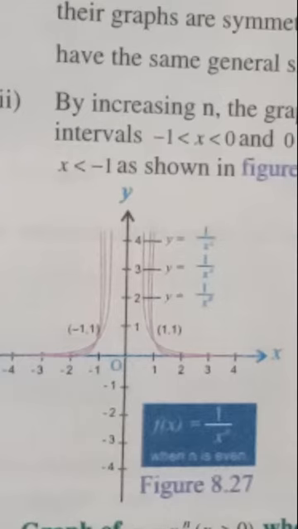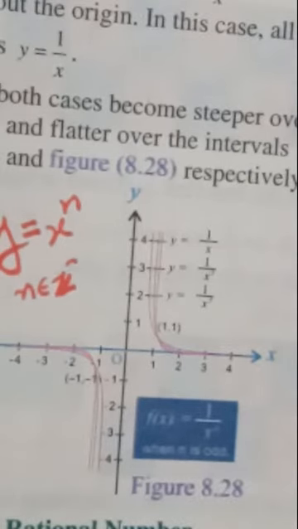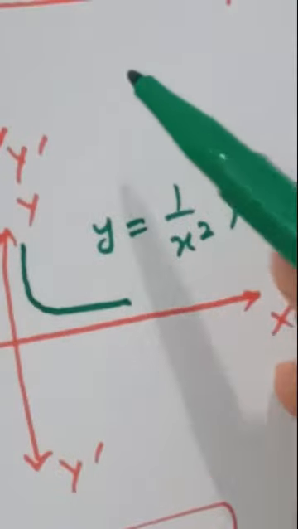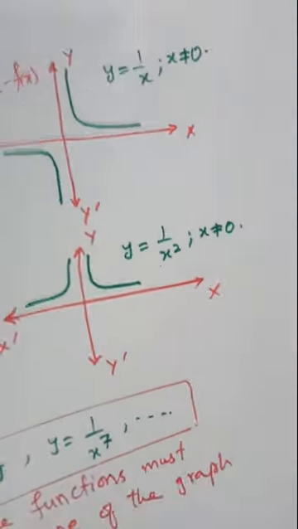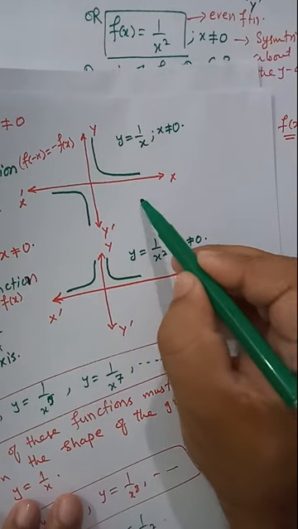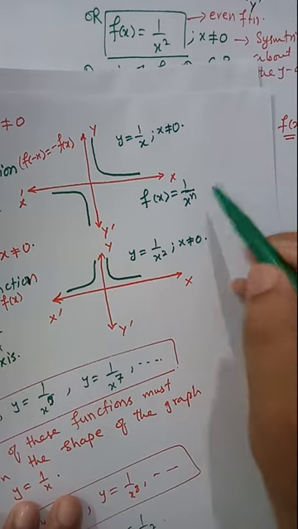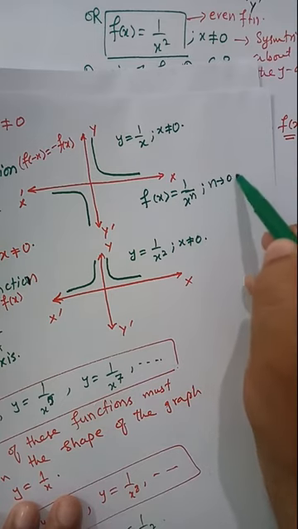And these are the graphs of f of x equal to 1 divided by x power n when n is odd.